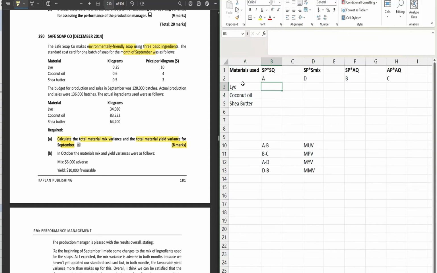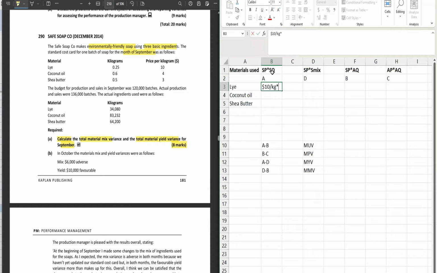Now for standard, we need to find out the value and put it here. So kilogram, this is the standard cost card. That means in one batch of soap, we use 0.2 kg of Lye and the price of it is $10 per kg. So that means SP is $10 per kg. And remember, SQ is the standard quantity required for actual production.